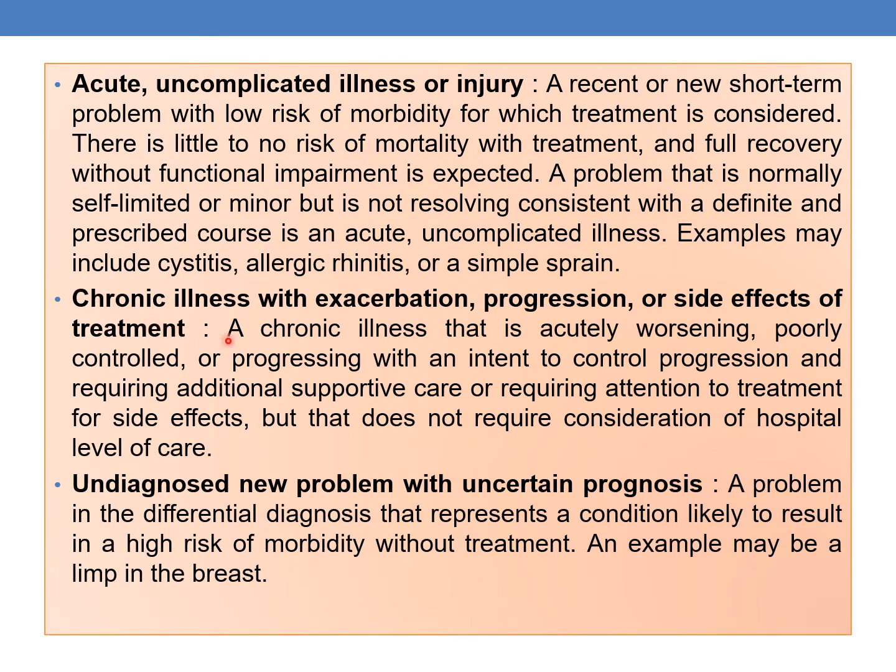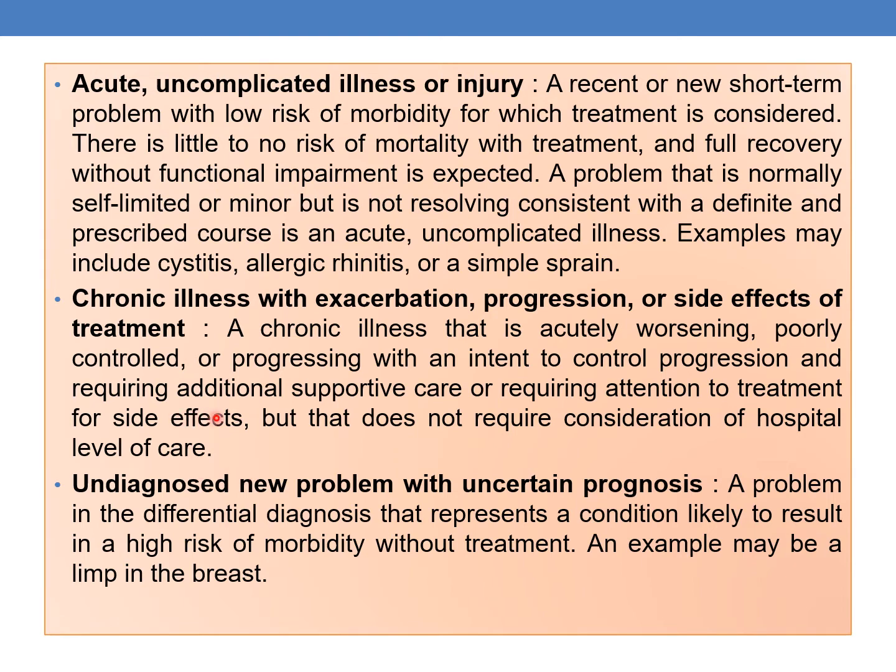Now coming to chronic illness with exacerbation, progression, or side effects of treatment. A chronic illness that is acutely worsening, poorly controlled, or progressing with an intent to control progression and requiring additional supportive care or requiring attention to treatment for side effects, but does not require consideration of hospital level of care.